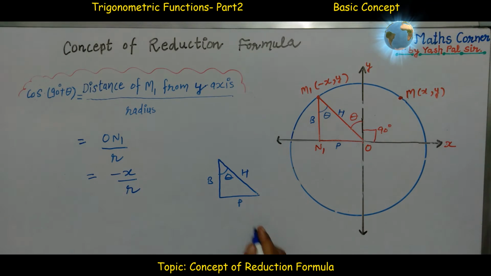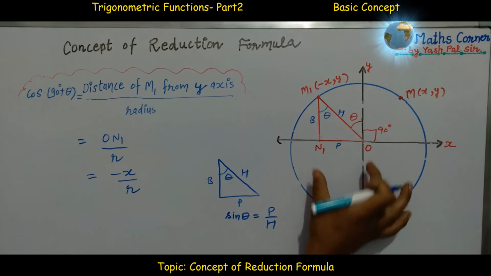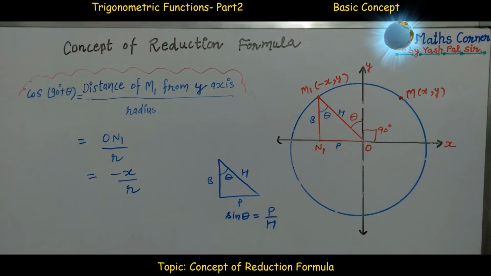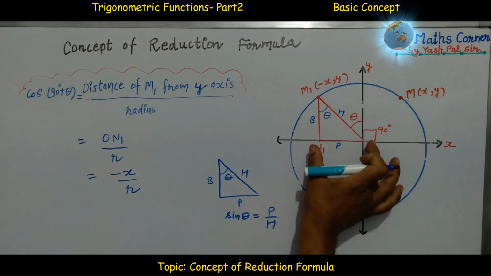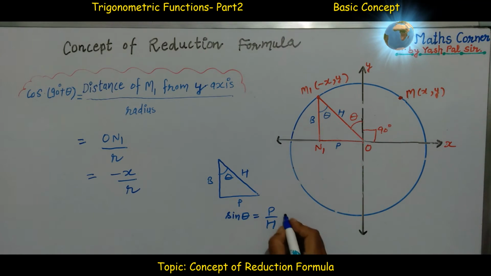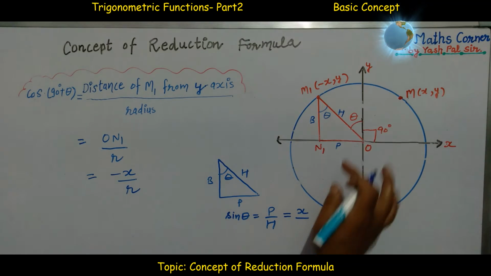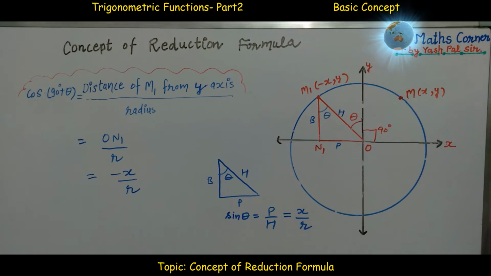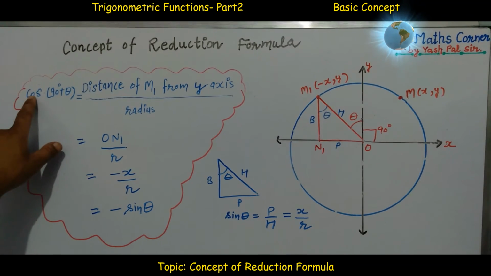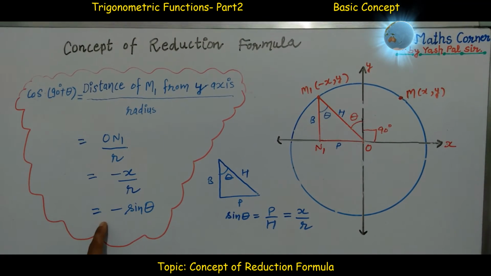Sine theta is equal to p upon h. The distance is always non-negative, so this distance is x, divided by h, the radius of the circle, x upon r. The minus stays as it is, and x upon r value is sine theta. The conclusion is cos 90 degree plus theta value is minus sine theta.